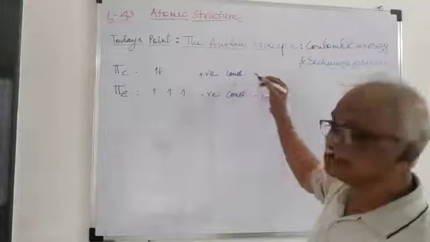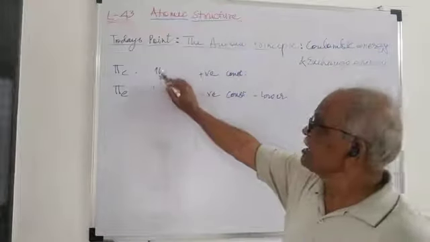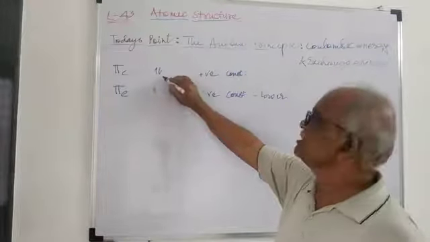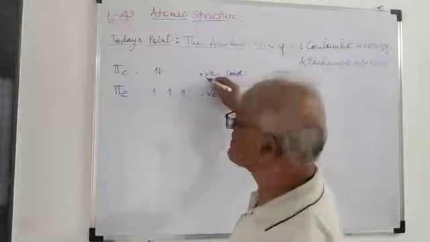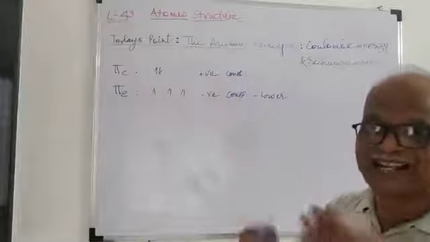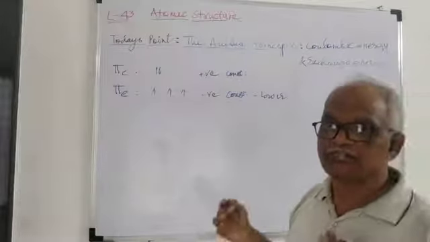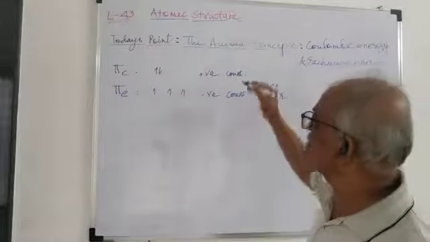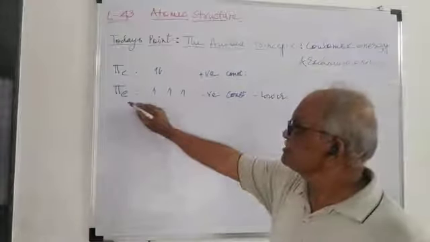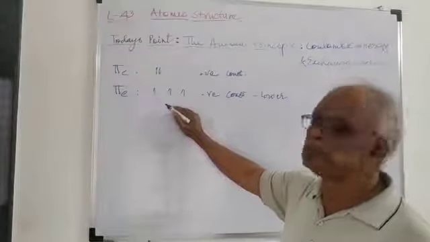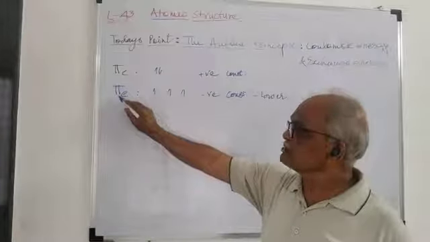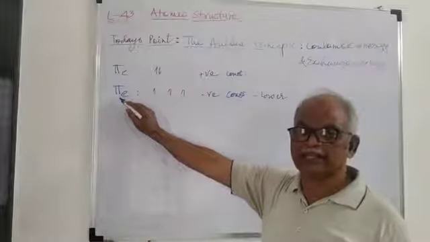When the electronic structure has paired electrons, they contribute this Coulombic energy, because of which the energy of the system or electronic structure will increase. And when there are at least two unpaired electrons, they contribute the energy called exchange energy.